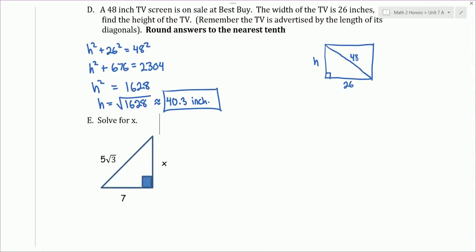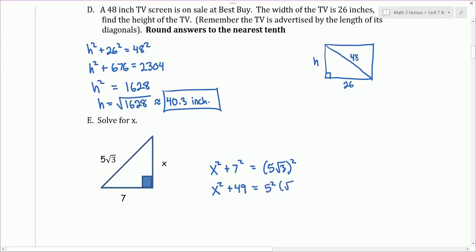Part E, we're solving for x. Using Pythagorean Theorem, x squared plus 7 squared is equal to 5 square root of 3 squared. So that's x squared plus 49 is equal to 5 squared times square root of 3 squared. 5 squared is 25. Square root of 3 squared is 3.